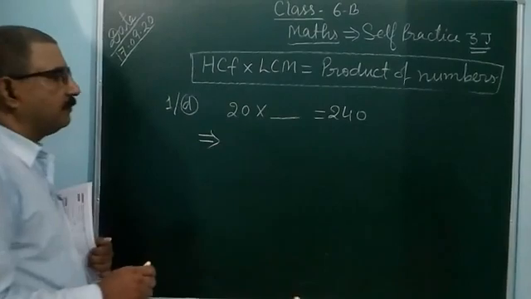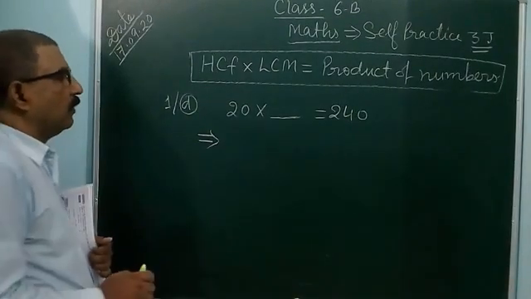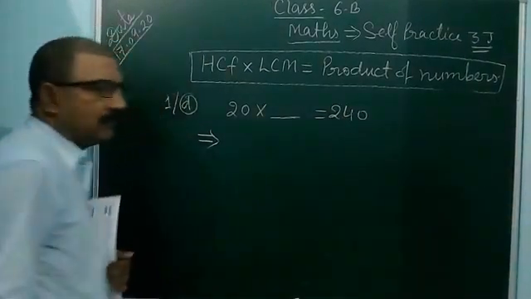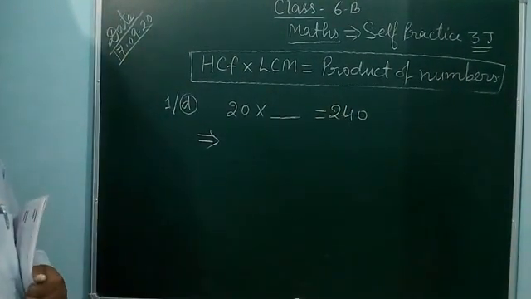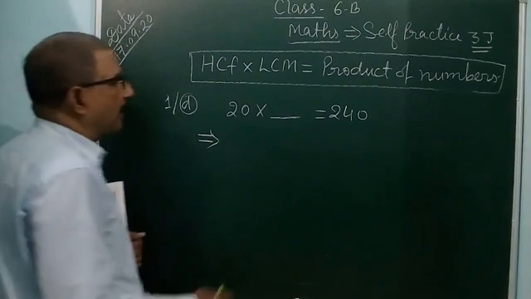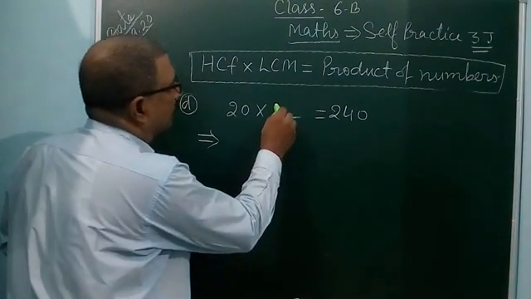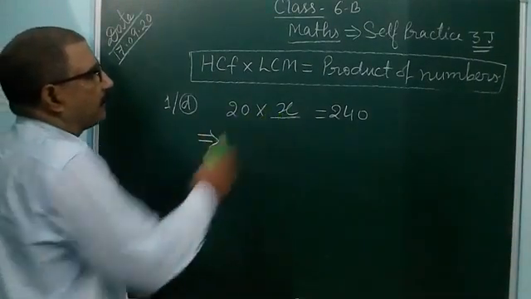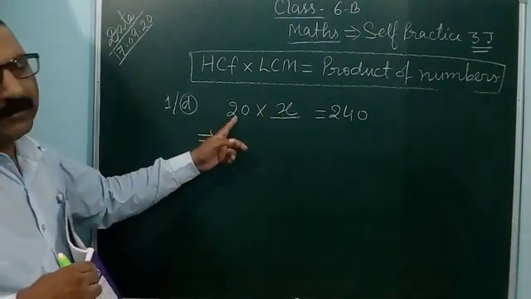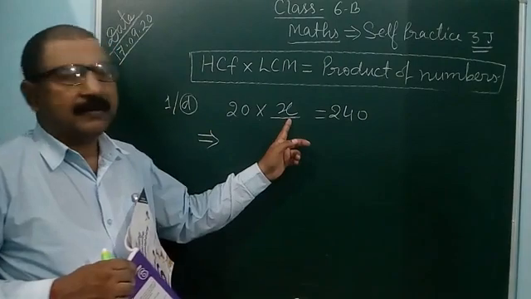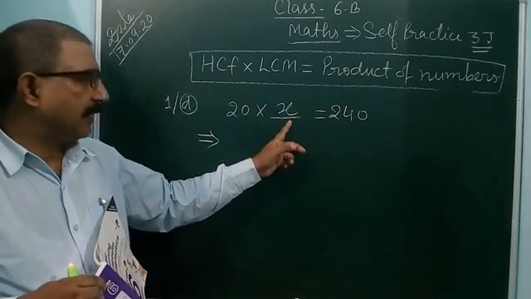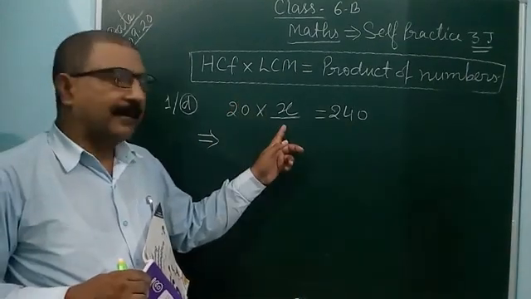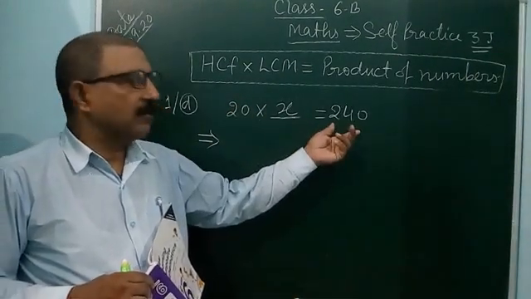If you have one number and you have the product of the numbers, let the missing number be x. That means 20 multiplied by x. Suppose the first number is given as 20 and the second number is x. The first number multiplied by the second number, the product is 240.